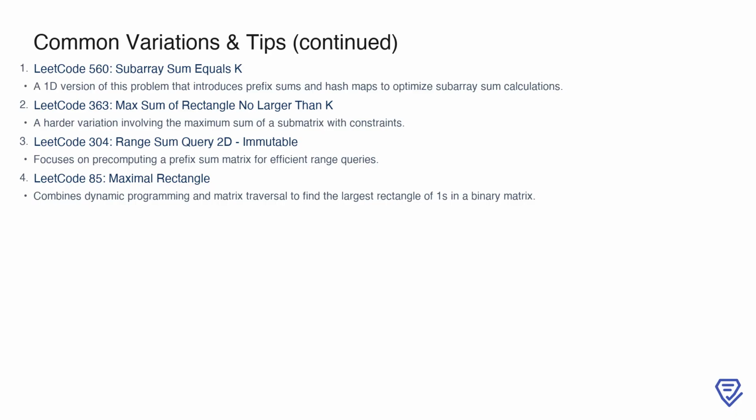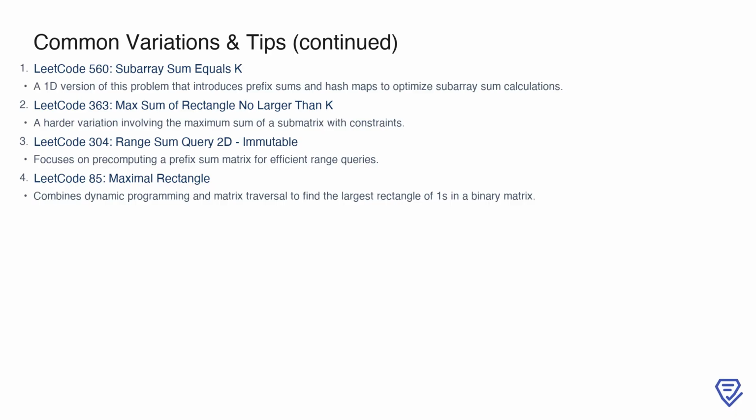There are several related problems that can help you deepen your understanding of this topic. LeetCode 560, subarray sum equals k, is a 1D version of this problem that introduces the use of prefix sums and hash maps for optimizing subarray sum calculations. LeetCode 363, max sum of rectangle no larger than k, is a more challenging variation where you need to find the maximum sum of a submatrix while meeting specific constraints.